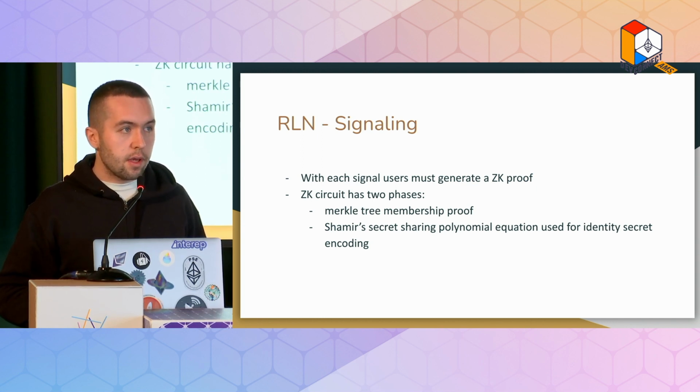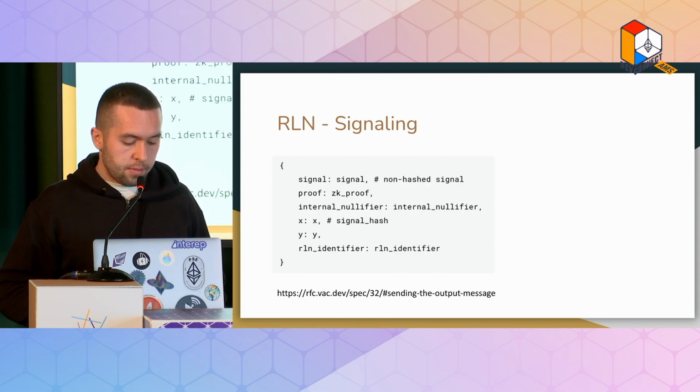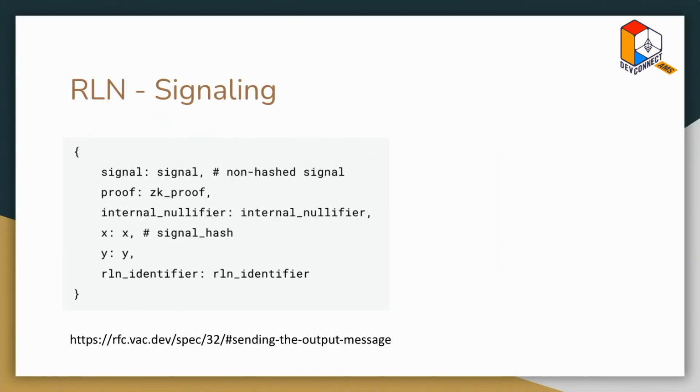This happens, for example, if the user breaches the spam protection rules and sends more than one message per epoch. So this is how the messages look like. The user sends a signal, and then they send a proof, an internal nullifier, which I'll talk about a bit later, the X and Y shares, and the RLN identifier. This is part of the RLN RFC, which is at the link below.